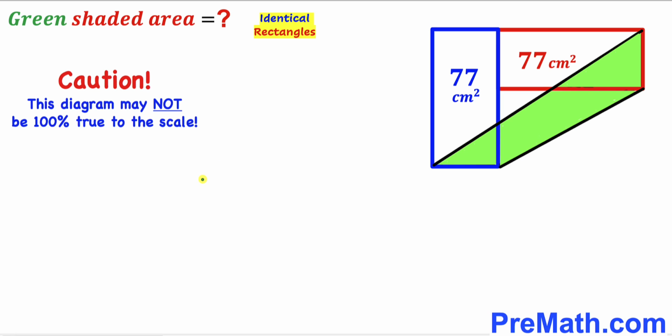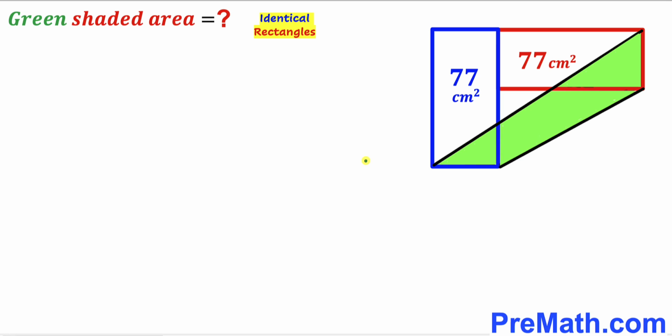Please keep in mind that this figure may not be 100% true to scale. Let's go ahead and get started, and here's our very first step. We know that both of these rectangles are identical. In other words, the length of this rectangle is going to be equal to the length of this other red rectangle.